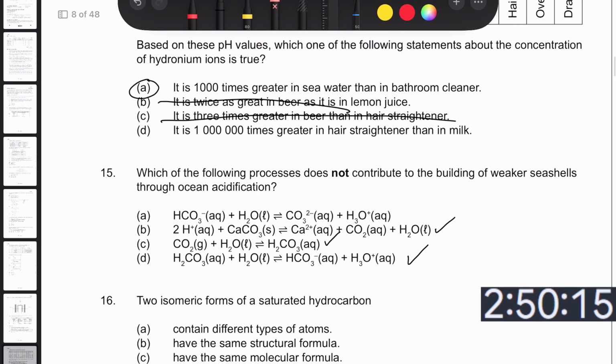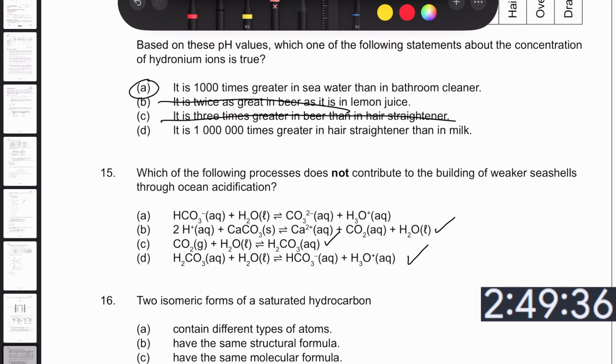Contribute to the building of weak seashells through ocean acidification. Does not contribute to the building of.